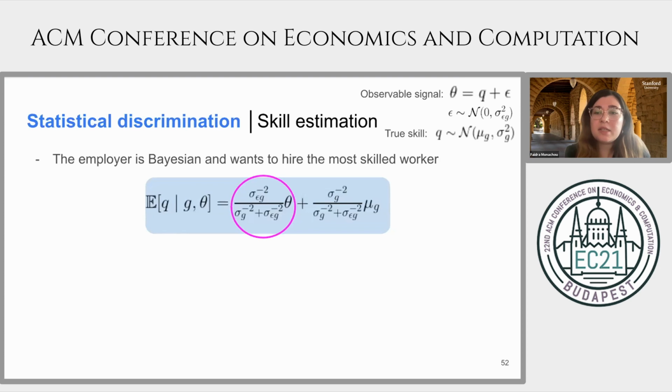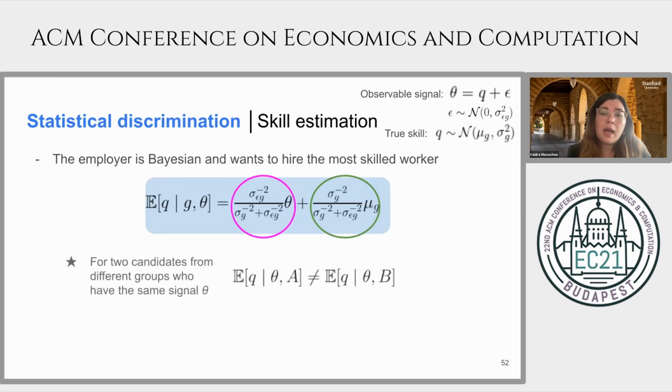And it's also adjusted by a similar term that now depends on the mean of the group skill distribution. Because all these parameters differ across groups, even if two candidates have the same signal theta but belong to different groups, it is quite easy to guess that the estimates the employer has about their skill are not the same. But the real question is, which one is actually higher?